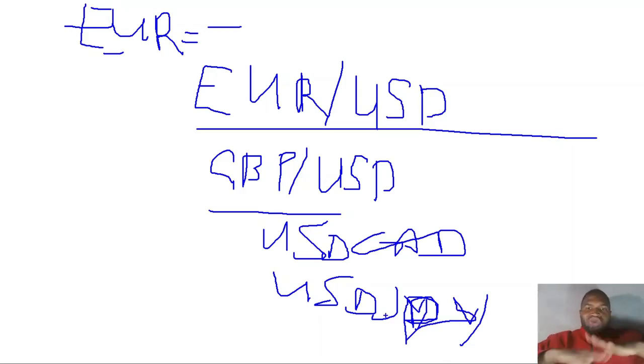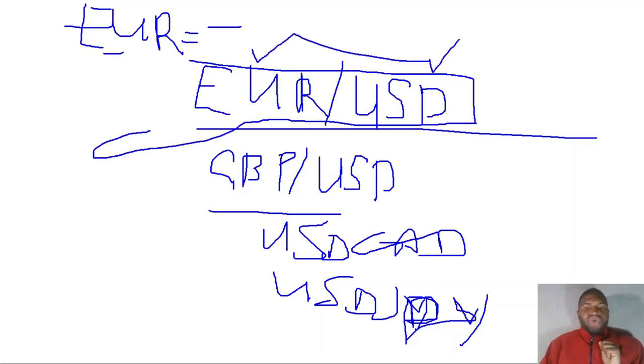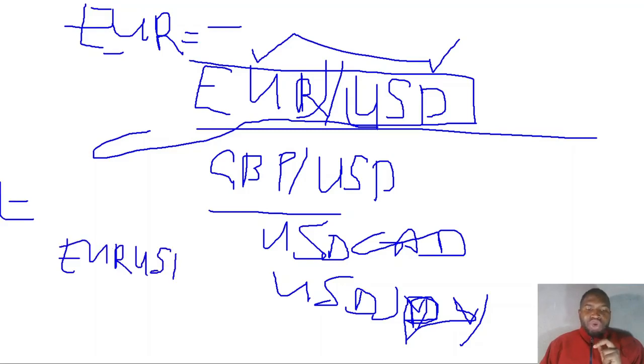They are just doing this to make things easier for us, such that when you buy a pair like EUR/USD, if you click buy on EUR/USD, you're actually buying euro and selling USD. So in other words, you will be buying euro using USD. And if you click sell on EUR/USD, you're actually selling euro and buying USD, so in other words, you're buying USD with euro.